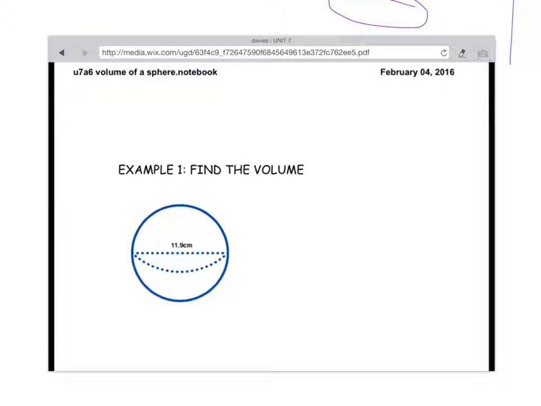So let's try to find the volume of a sphere. In this example, the diameter is given rather than the radius. It might be hard for you to actually see the value there, so I'll write it a little bit bigger. The diameter is 11.9 centimeters.